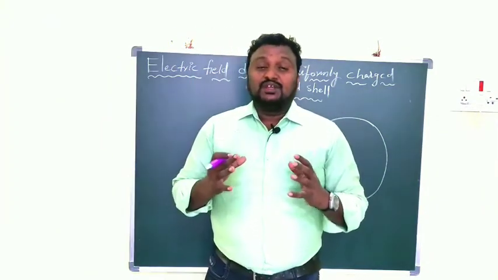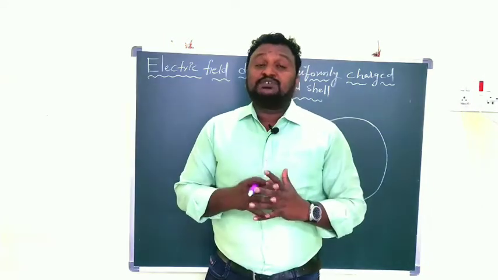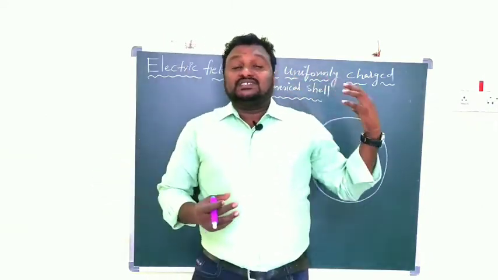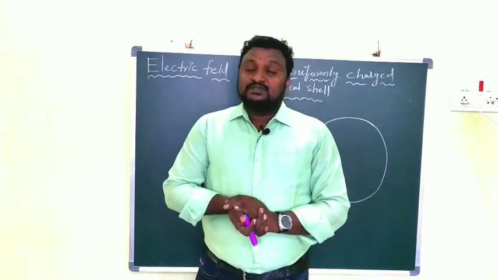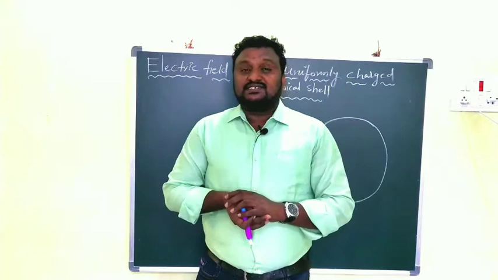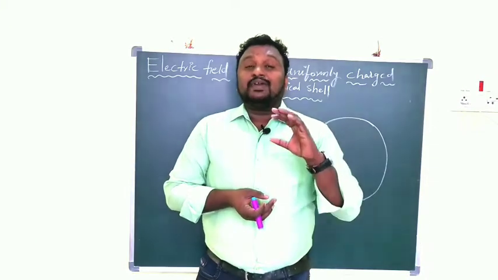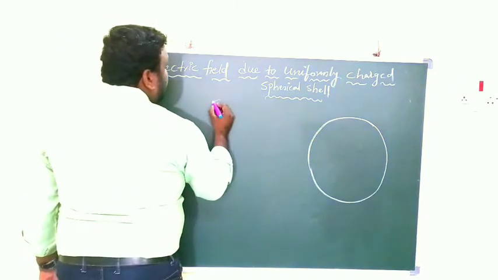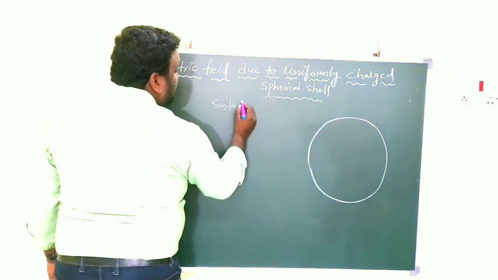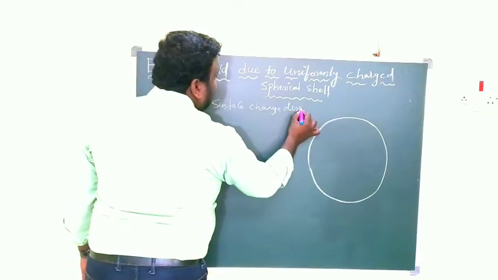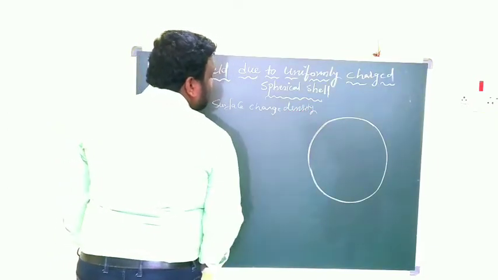Before going to derive the expression for electric field intensity due to a charged spherical shell, you must know about three things. The first thing is what is meant by surface charge density.